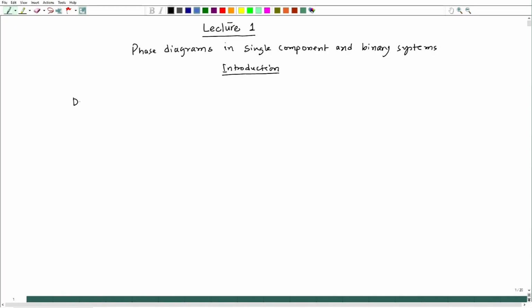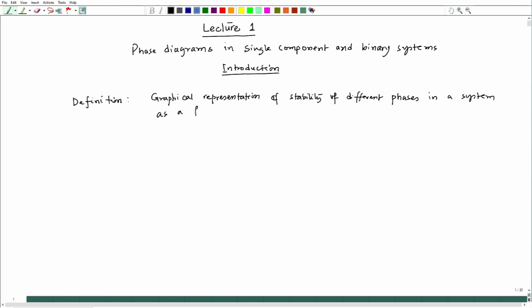Now, let us write down this particular definition. Okay. So, now this is a definition.